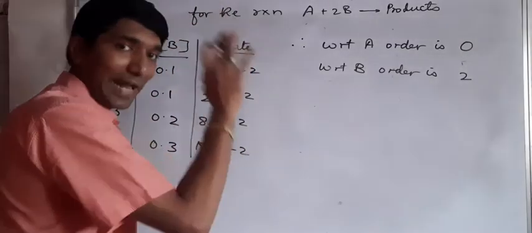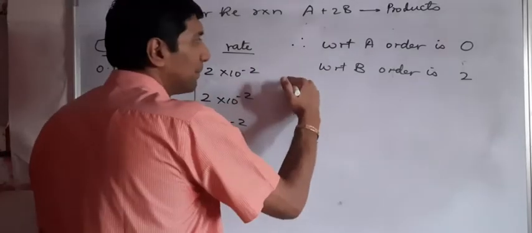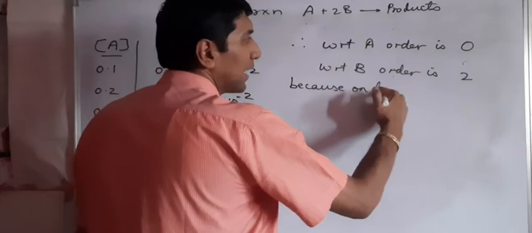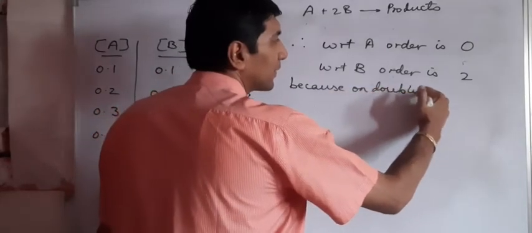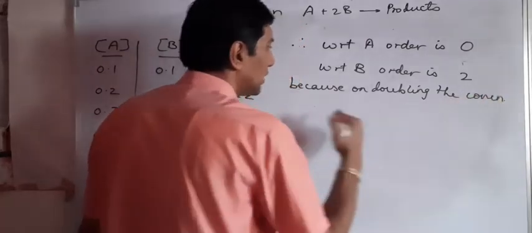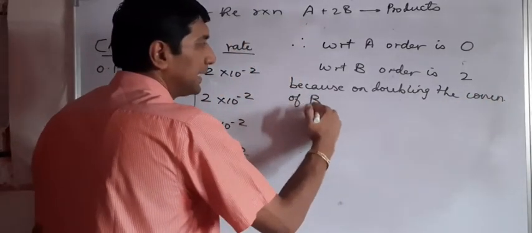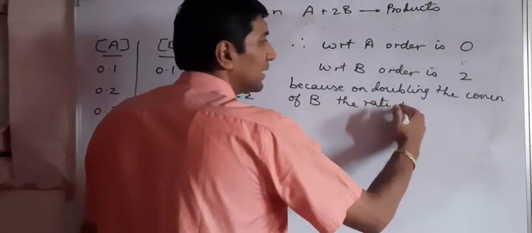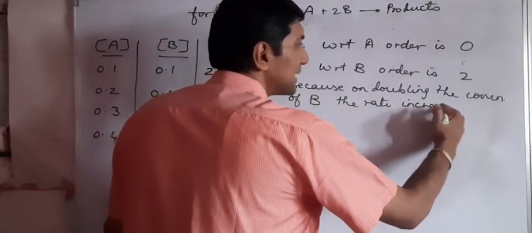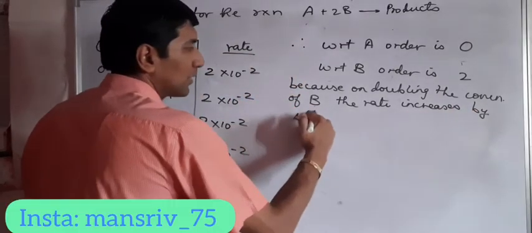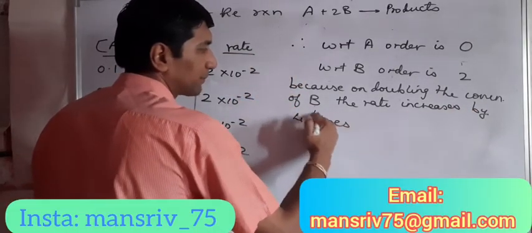Now, you will have to write this down. Why? Because on doubling the concentration of B, the rate increases by 4 times.